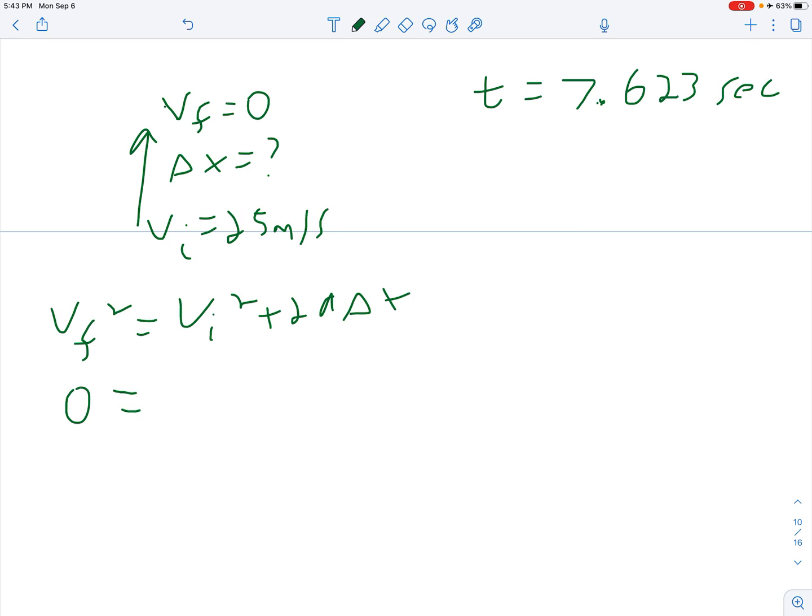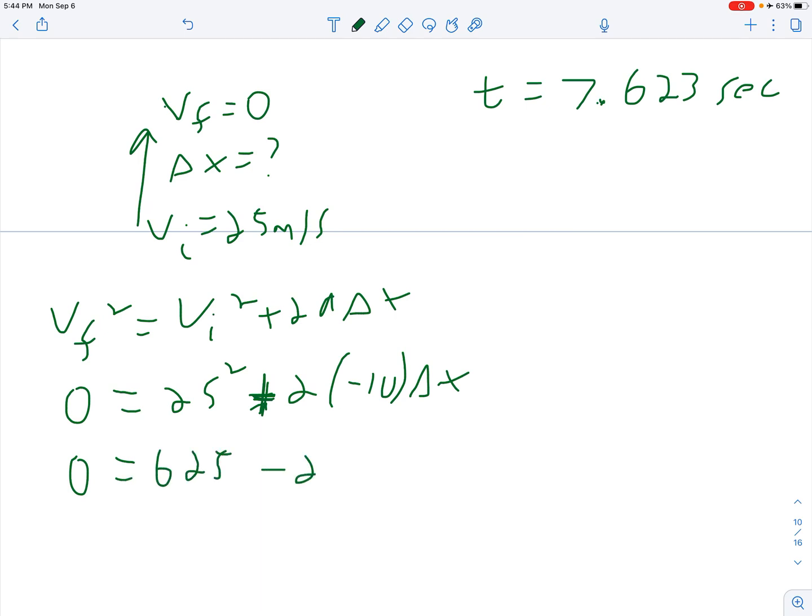So I'm going to say 0 equals 25 squared plus 2 times negative 10 delta x. I get 625 minus 20. I can subtract 625 from both sides.